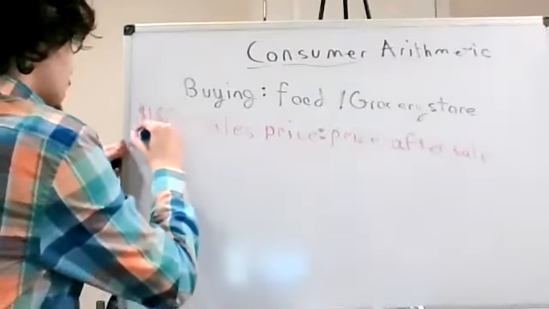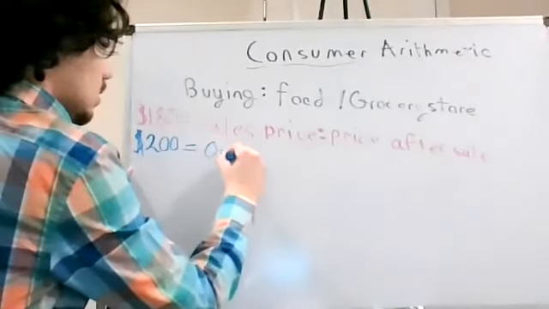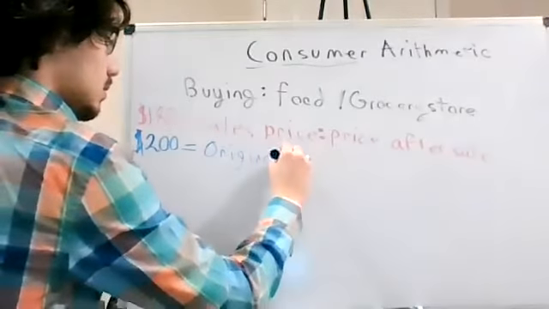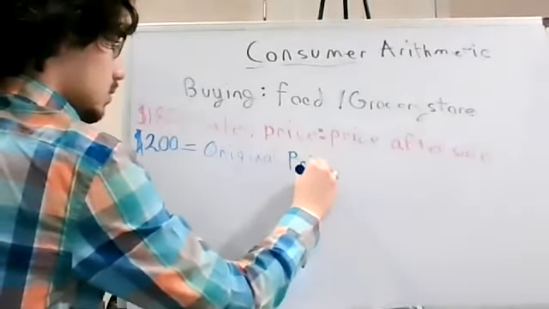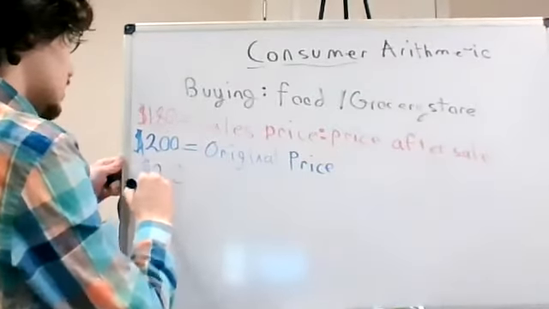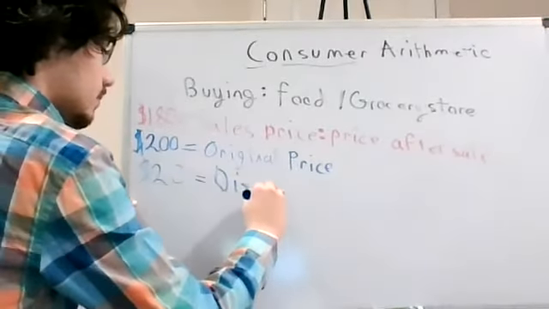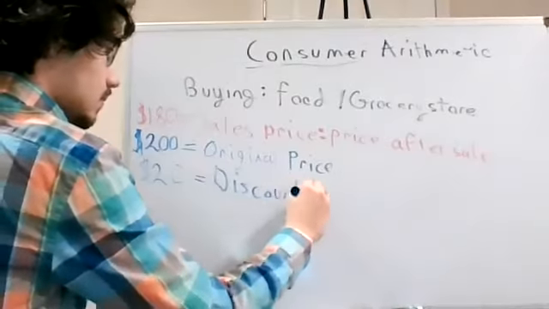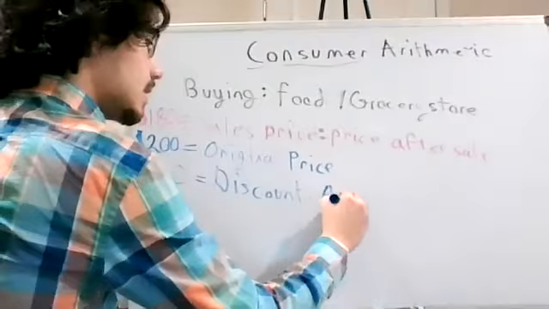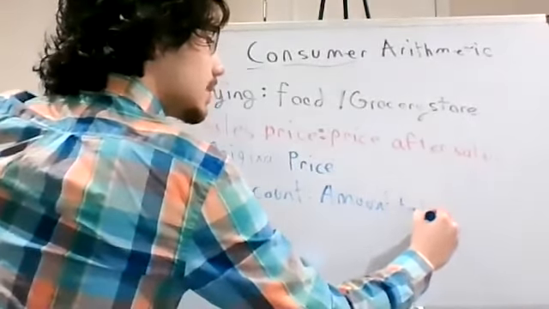So 200 is original price, and then the $20 is the discount, which is the amount taken from OG price.